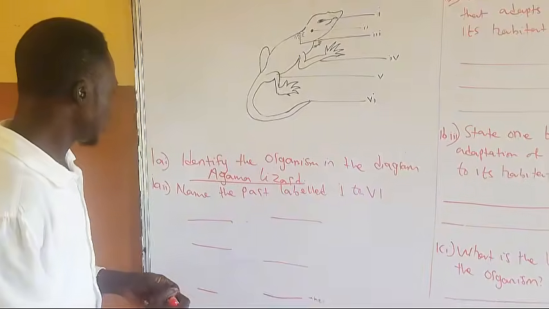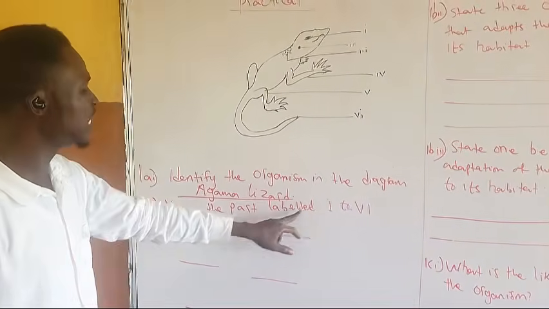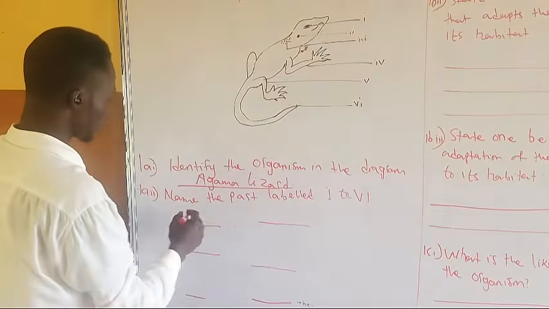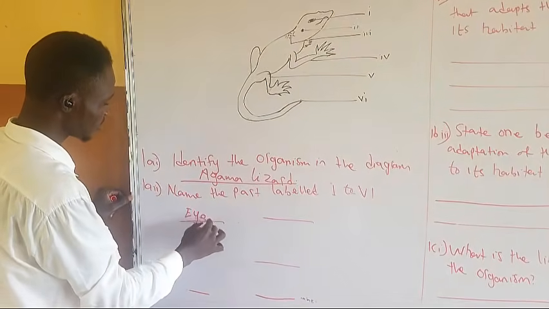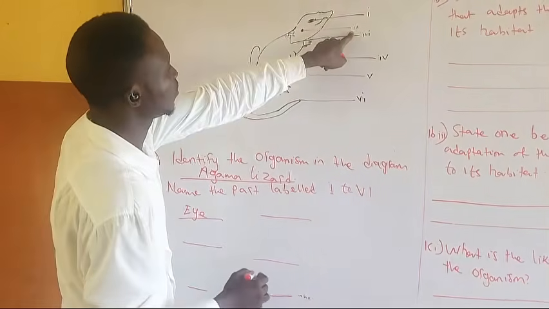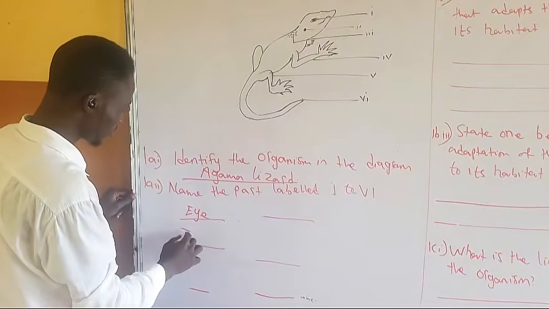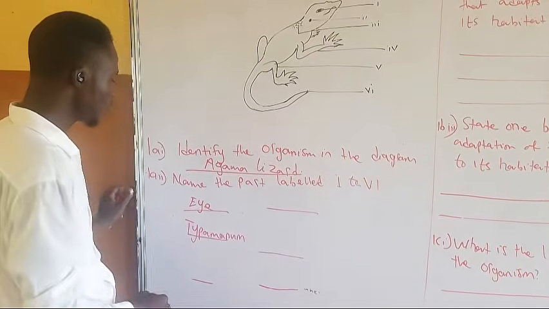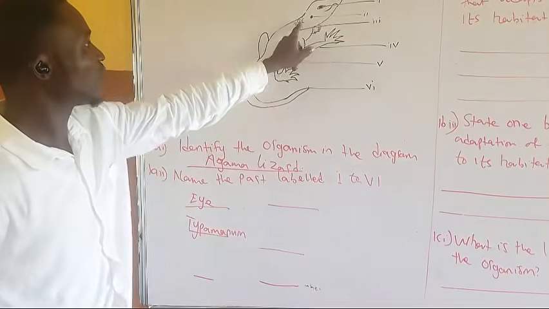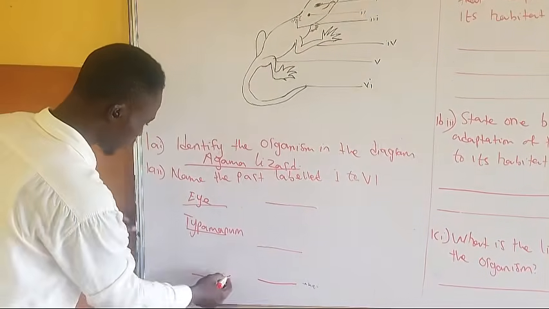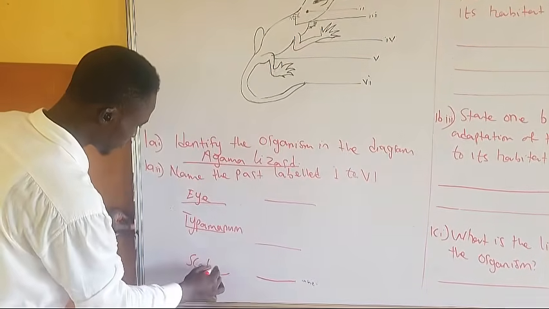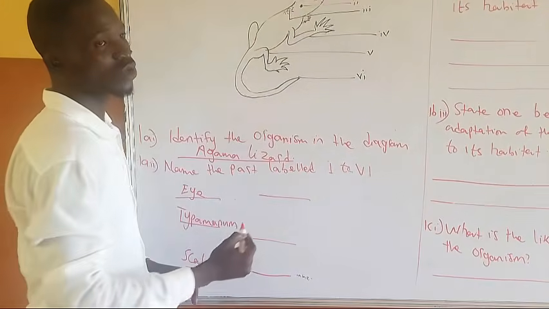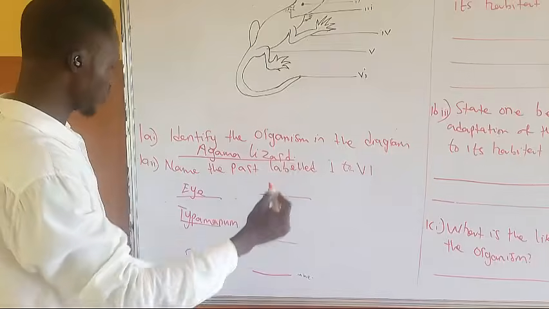Now, the next is name the parts labeled I to VI. The I is the eye. The II is the tympanium, for hearing. Why this? You can see that is scale. I think this arrow is double pointed, so call it scale, because it is one scale.